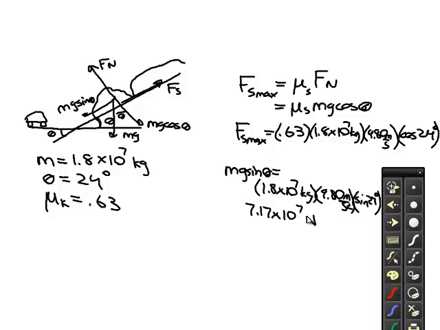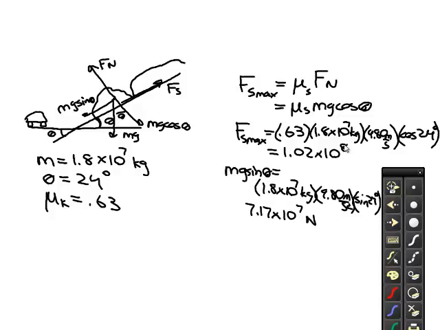Seems reasonable. That's a big force. But maximum static friction, 0.63 times 1.8 times 10 to the 7 times 9.8 times the cosine of 24, that's much bigger, right? So in scientific notation it would be 1.02 times 10 to the 8th.